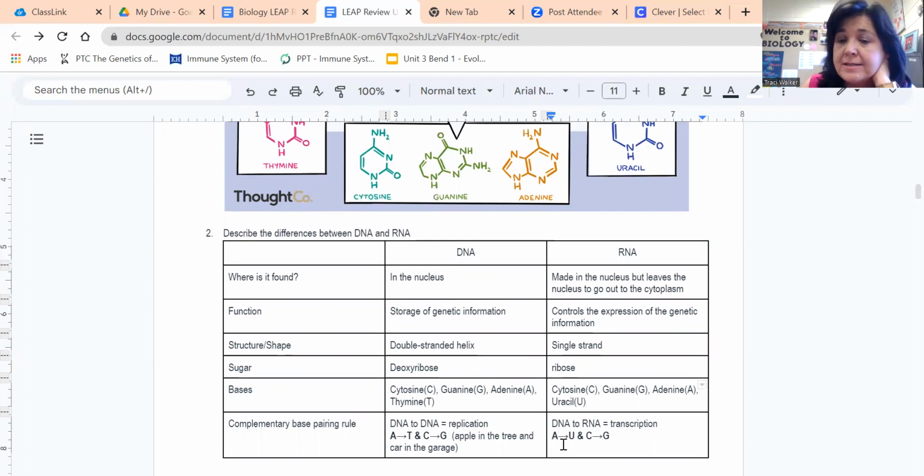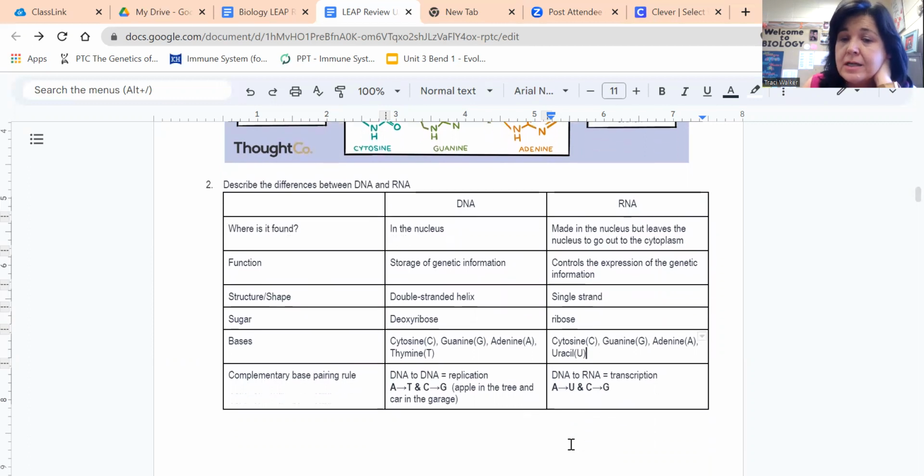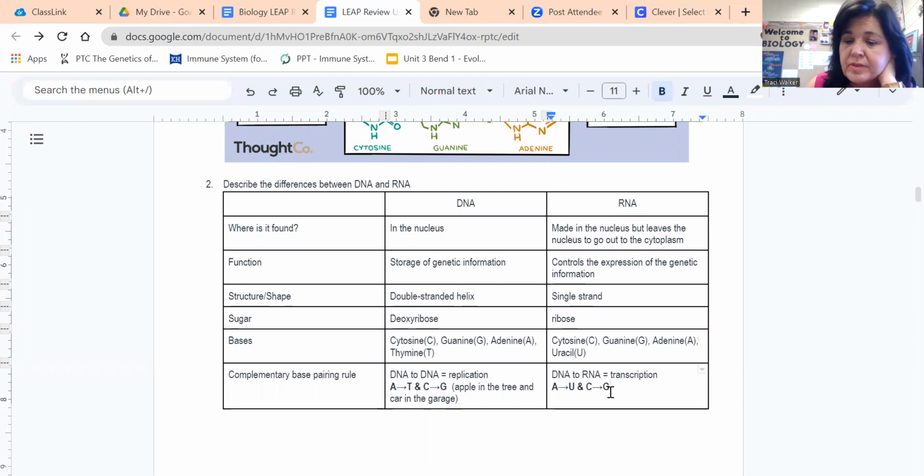And since RNA doesn't have thymine, instead of adenine going with thymine, adenine goes with uracil when DNA is changing to RNA, and cytosine still goes with guanine. And then also, just to add here, since DNA has thymine, you still will have a thymine, and thymine goes to adenine, just like it does when DNA to DNA.